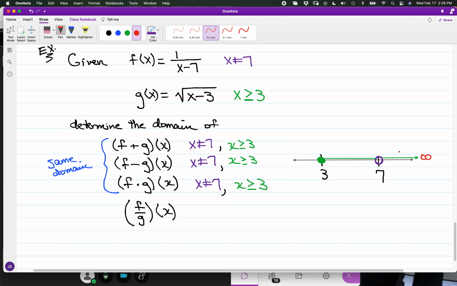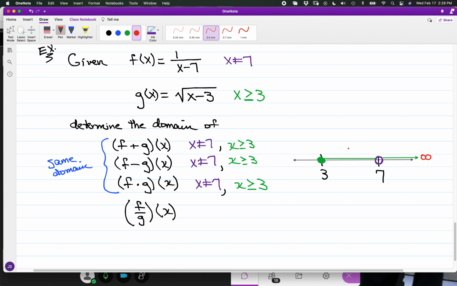So for what we have in this case, now we have combined restrictions. Now we have x is greater than or equal to 3, and had that been the only restriction, I'd have a ray going to the right non-stop toward infinity. But because I have to work with f of x and x cannot be 7, that ray is not running continuously from 3.